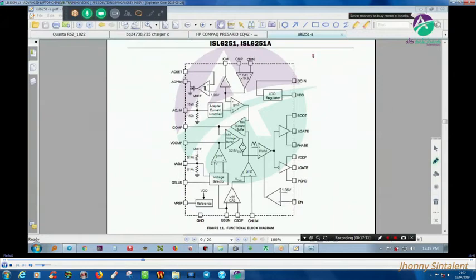The first important thing is my DC in. So what is DC in? DC in is my V in voltage. When V in voltage is injected inside the IC, a drive voltage is released.